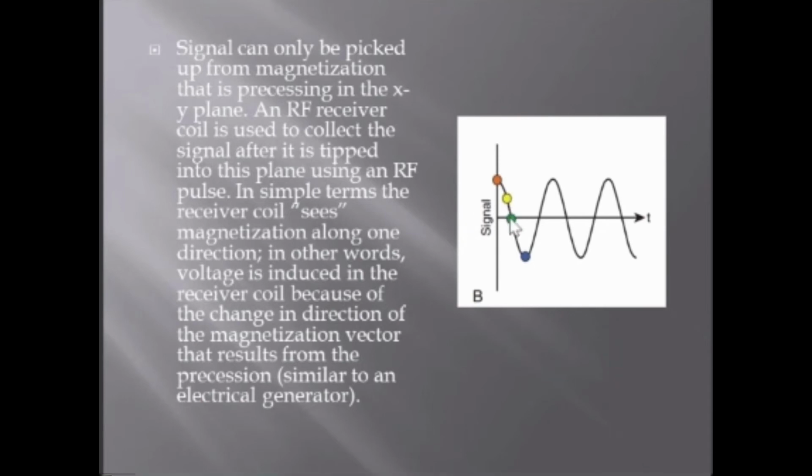The magnetization continues to precess, leading to a negative signal when it is pointed in the negative x direction, the blue dot. Continued precession leads to a sinusoidal signal shape over time.